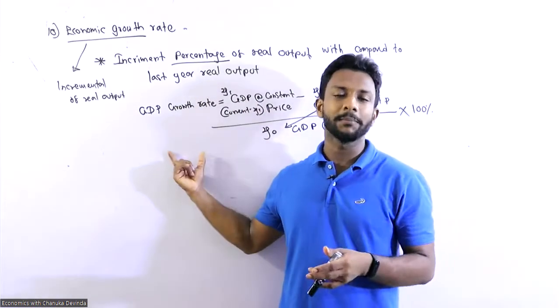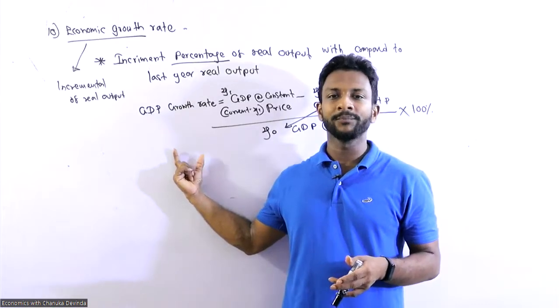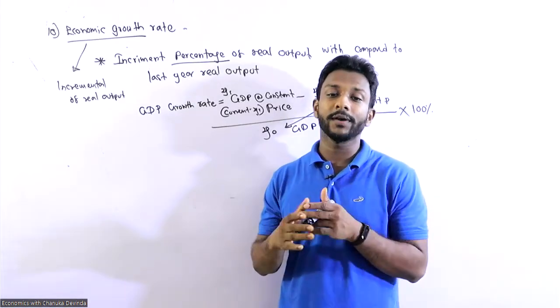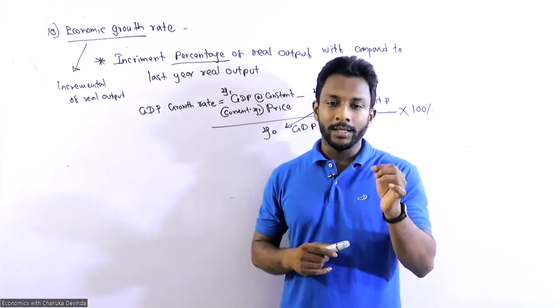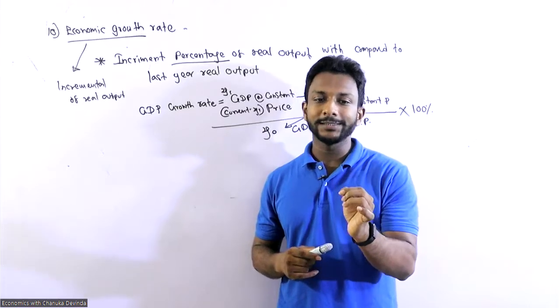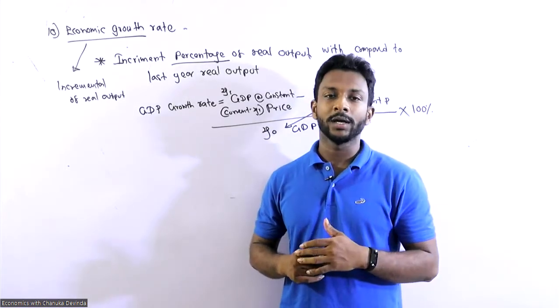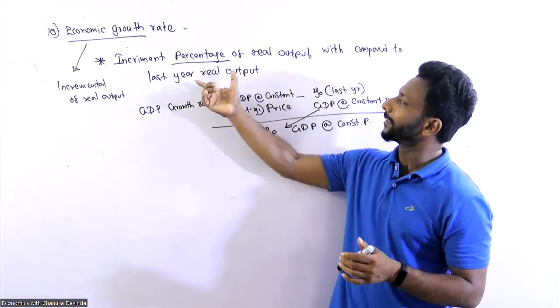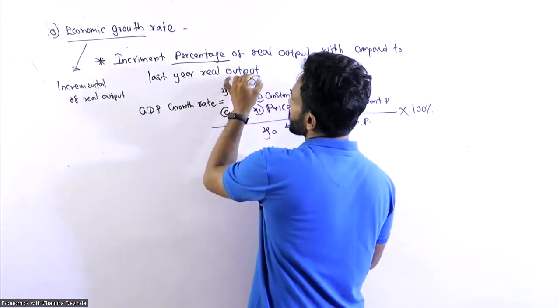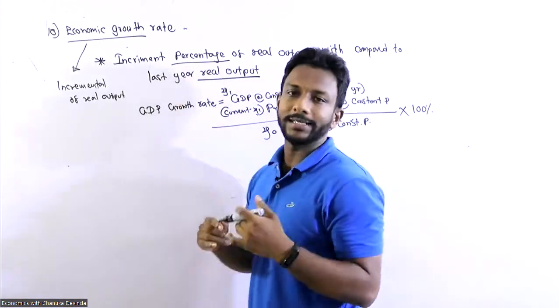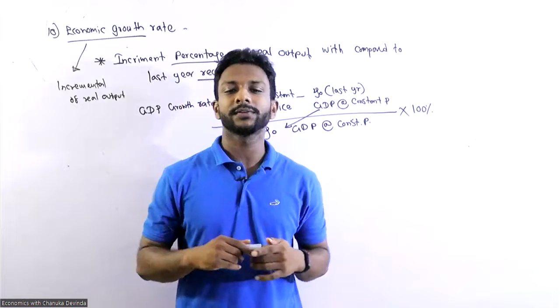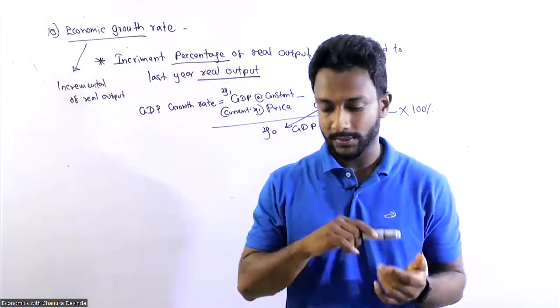It includes the inflationary effect of GDP. The value calculated under fixed prices is used to measure economic growth since it only consists of change in real output. There's no inflationary effect. That's the meaning of this.